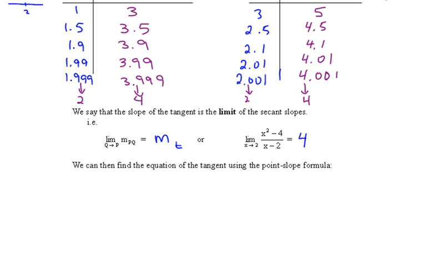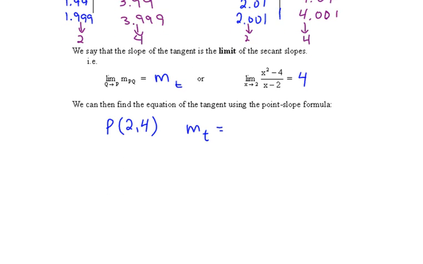Okay, so it wants the equation. So we know the point was (2, 4). What's our slope of the tangent? 4. So can you find the equation now, in general form? Which formula? y minus y1 equals m times x minus x1.